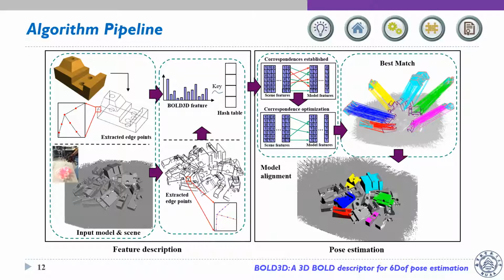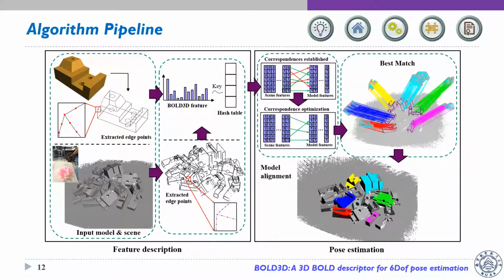After the correspondences are established and then optimized, the best match between the input scenes and the model database is obtained. The final 6D pose results are then computed by the SVD algorithm. We now show some details of our algorithm.